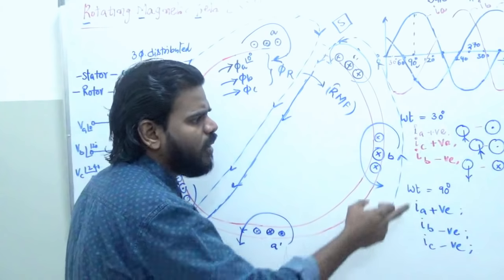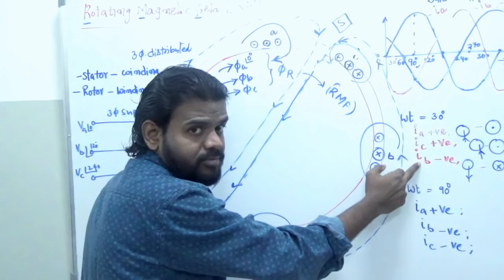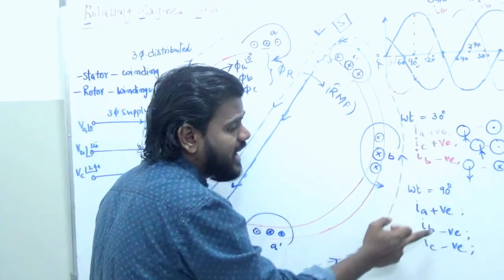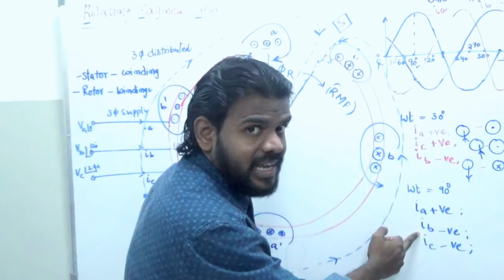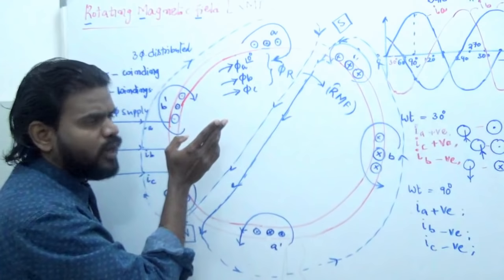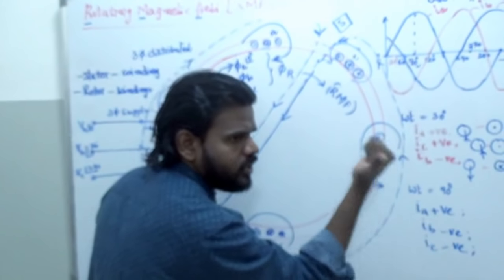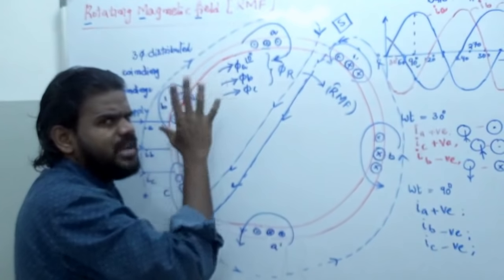Let me tell you about IB. IB was negative at 30 degrees, and here also IB is negative. So the flux direction will not change. Here it is negative, so you'll have coming out direction here and going in direction here, same as the previous one.